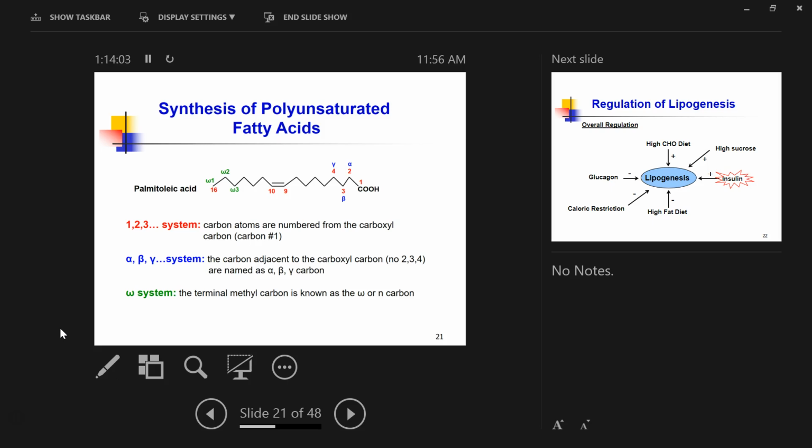And also you hear omega 3, omega 6 fatty acids, right? This is based on the double bond position, whether it starts at omega 3 or starts at omega 6, so that we name the fatty acids.